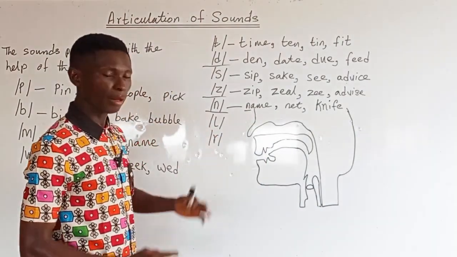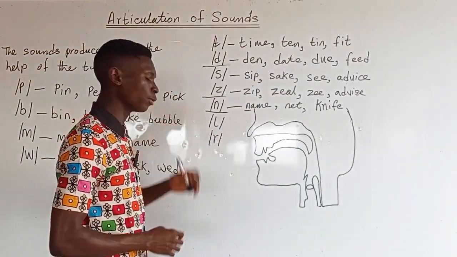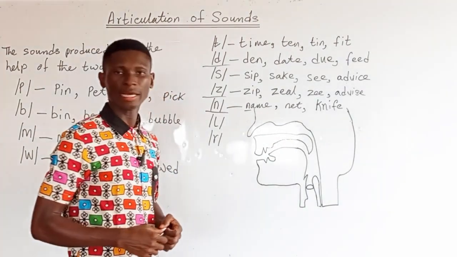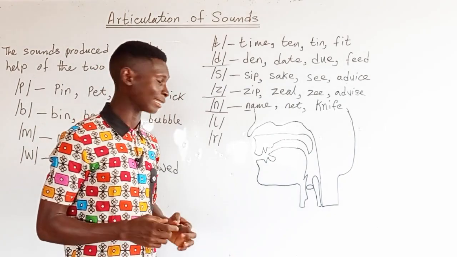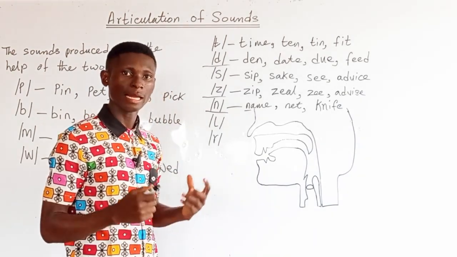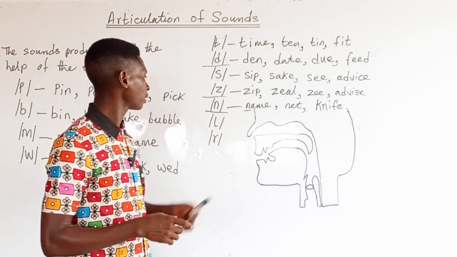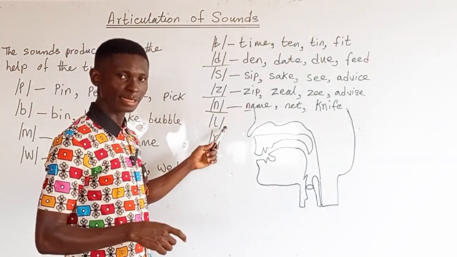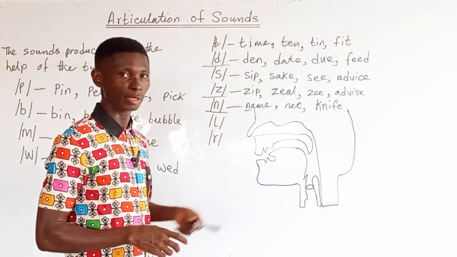All right. So also, I'd like us to look at the next two sounds we have here, which are equally alveolar sounds. These ones are known as alveolar liquid sounds, and we describe them in two ways: alveolar lateral liquid and then alveolar rolled liquid.